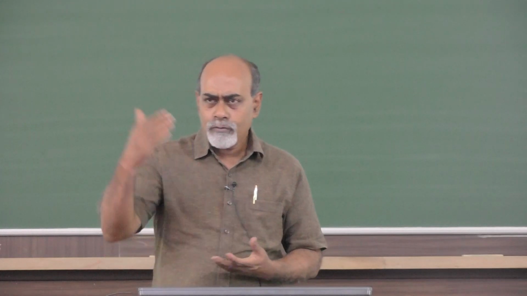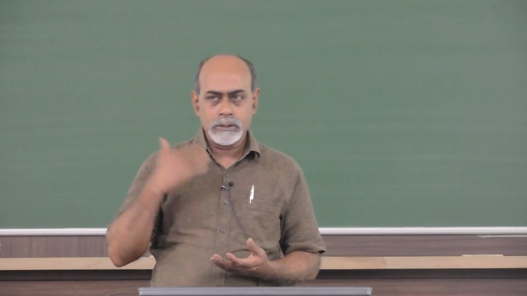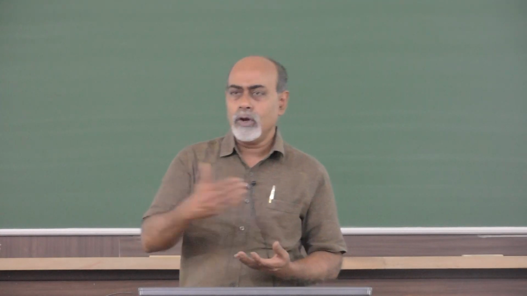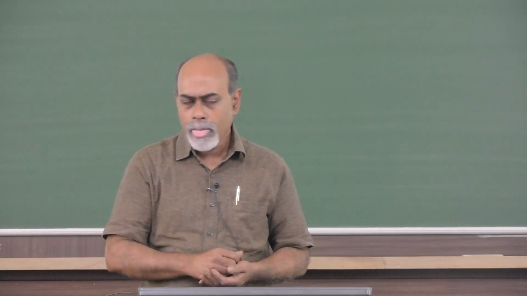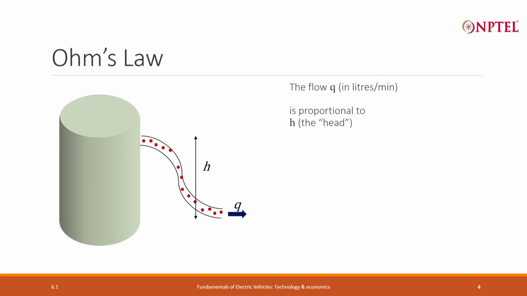How fast this water is flowing, or how much volume per unit time is flowing, depends really upon the pressure that it is getting, which in fluid terms is called the head, meaning the height. The greater the height, the more the pressure will be.